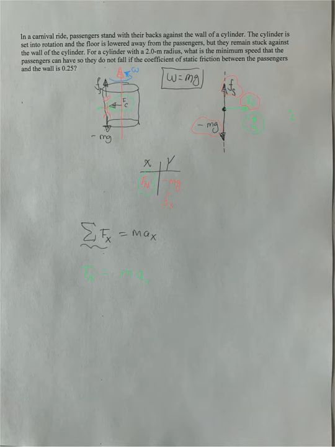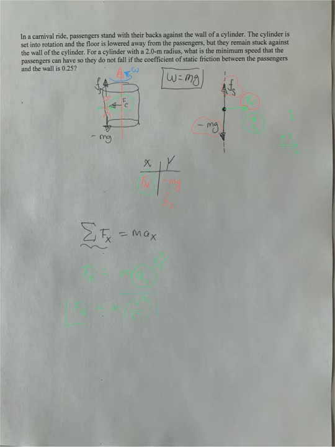As you can see, the centripetal acceleration, since it's pointing towards the center, is pointing in the x direction. As you know, this is the x-axis, this is the y-axis, so that centripetal acceleration has only an x component and no y component. Now, as we know, the centripetal acceleration is v squared over r, so we have Fn equal to m times v squared divided by r. Okay, so that's our first equation.